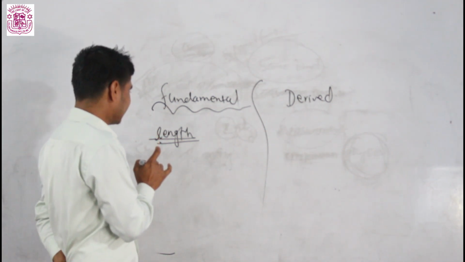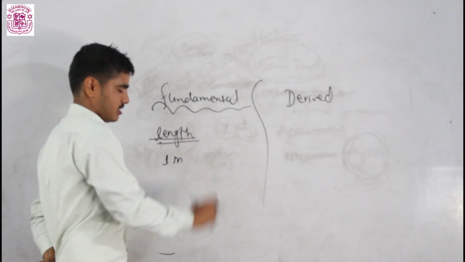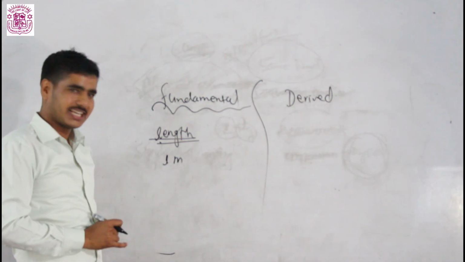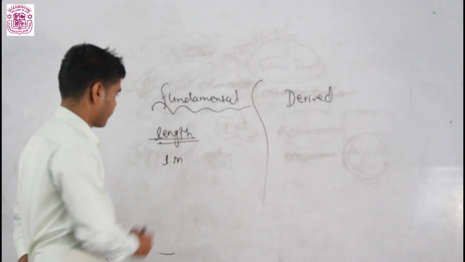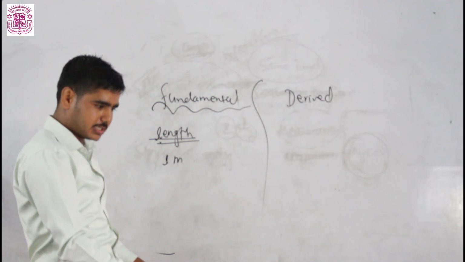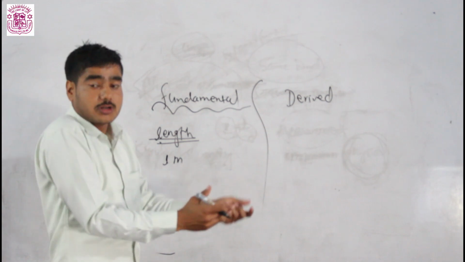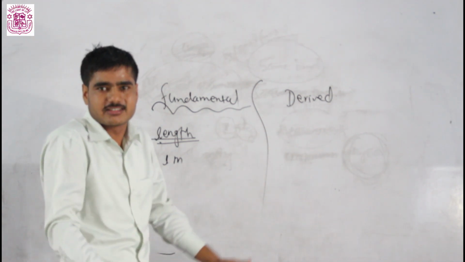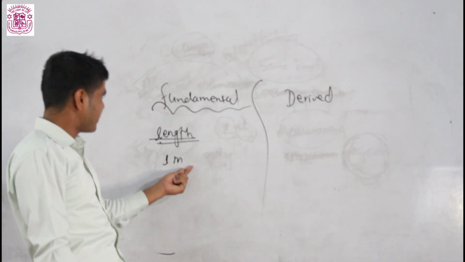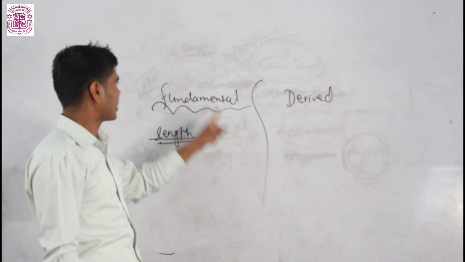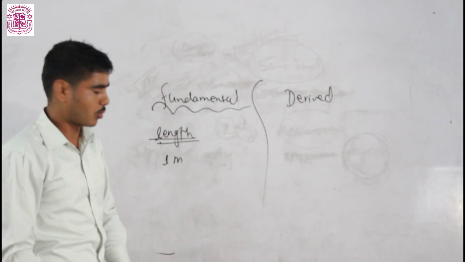Because, for example, 1 meter length cannot be expressed in terms of kg. For example, 1 meter wire is equal to how much kg? It is not constant, meaning it cannot be expressed in terms of another quantity. That's why this is called a fundamental quantity.